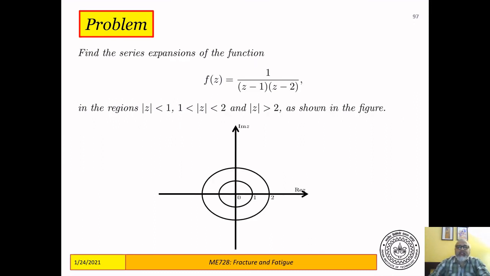Now do this problem. This is a problem that I'm definitely going to leave for you. This function has two poles, z equal to 1 and z equal to 2.